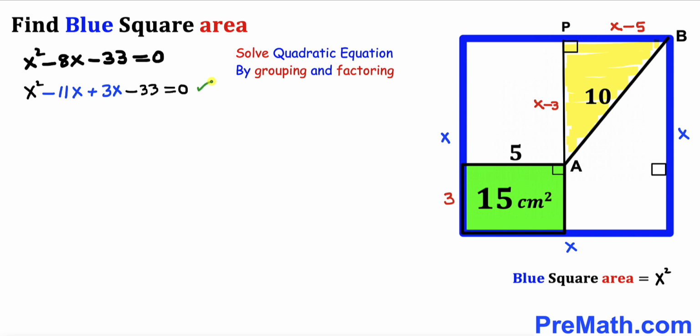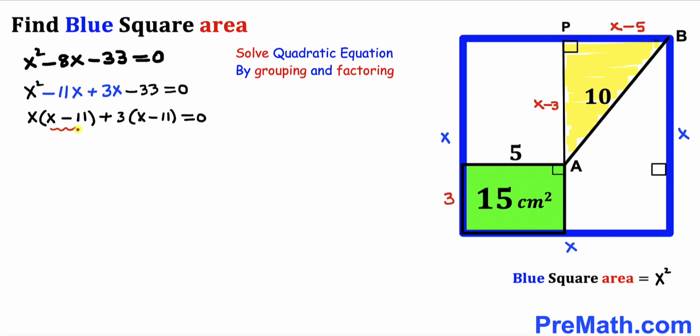As you can see in this next step, I have replaced this negative 8x by negative 11x plus 3x. Here we can see between the first two terms x is in common, and between the last two terms 3 is in common. So I can factor x out, so it's going to be x times x minus 11, plus 3 times x minus 11 equal to 0.